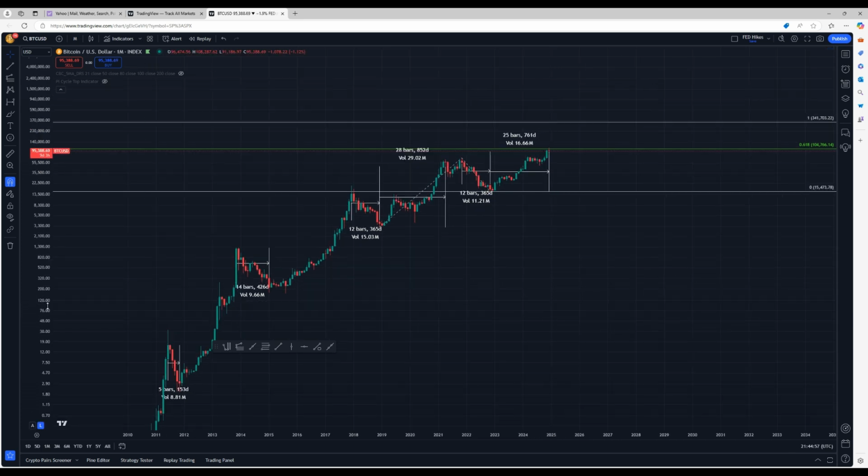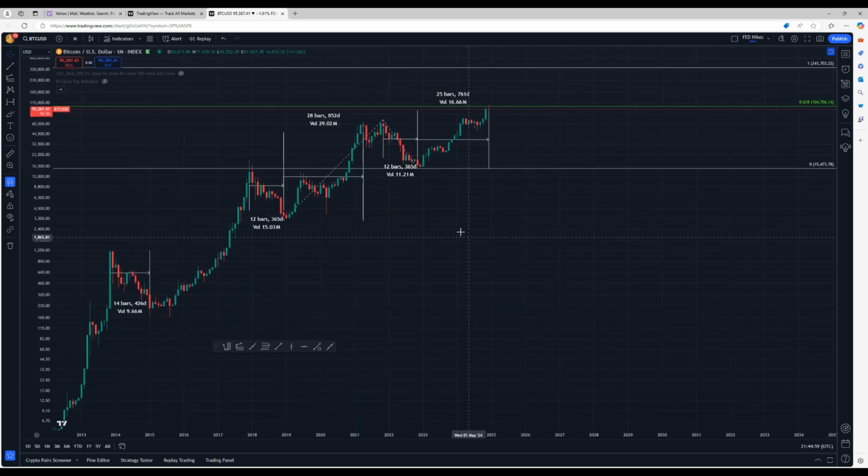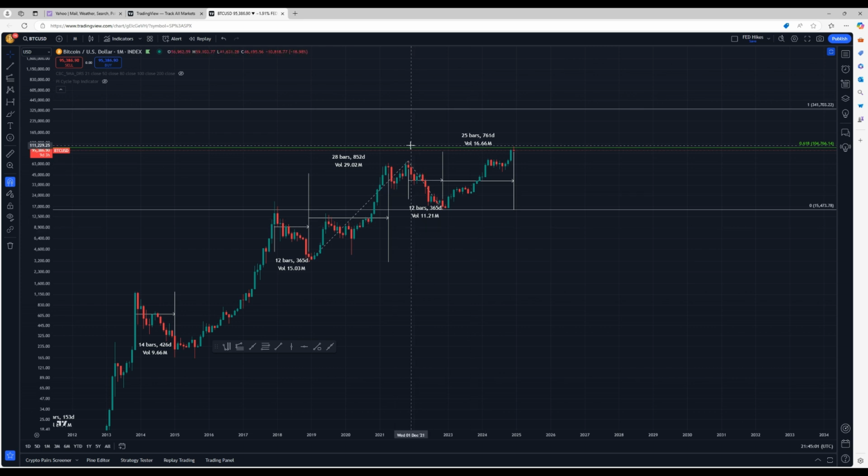If people are going to be risking their money, you'd be hoping for a move like this one more time. And it's possible that it can happen. Anything can happen. But I would be leery about buying anything here, because currently it's ready to roll over.